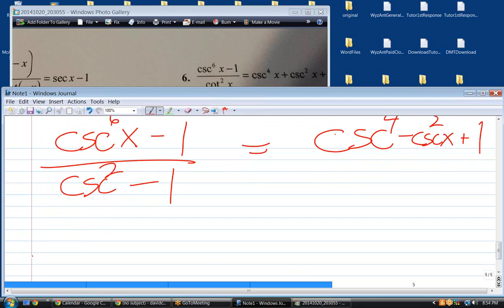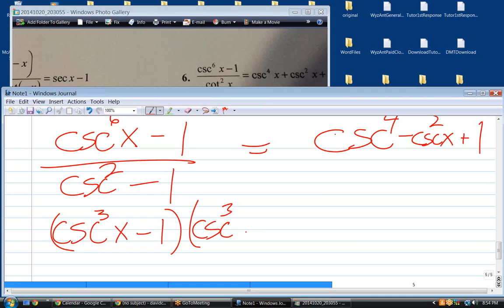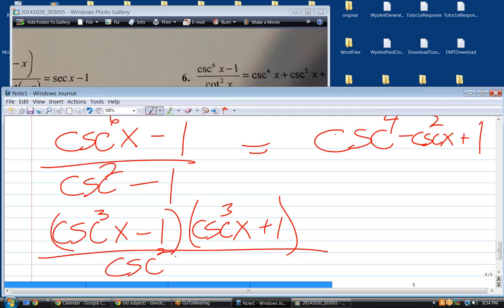What's it give you? Cosecant cubed x minus 1, and then cosecant cubed x plus 1. In other words, when we multiply this times this, you add the exponents to get 6. And that's all over cosecant squared minus 1.